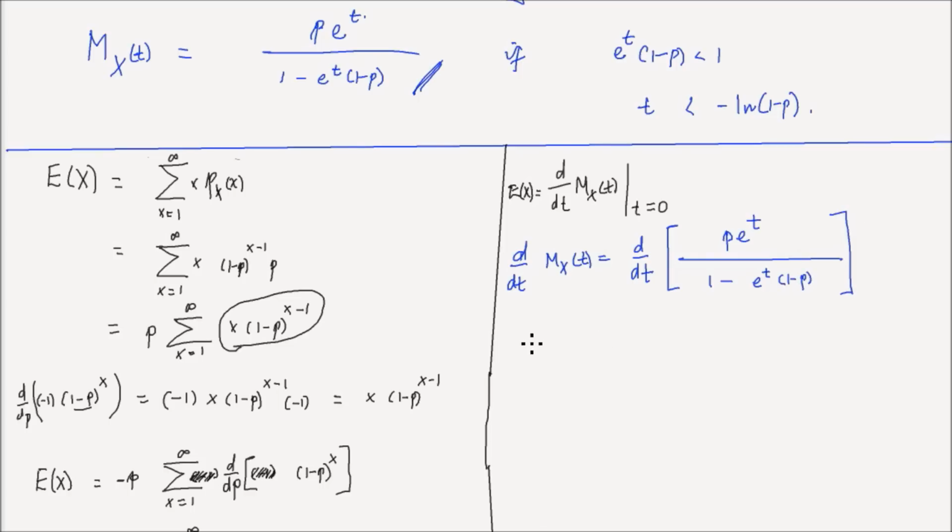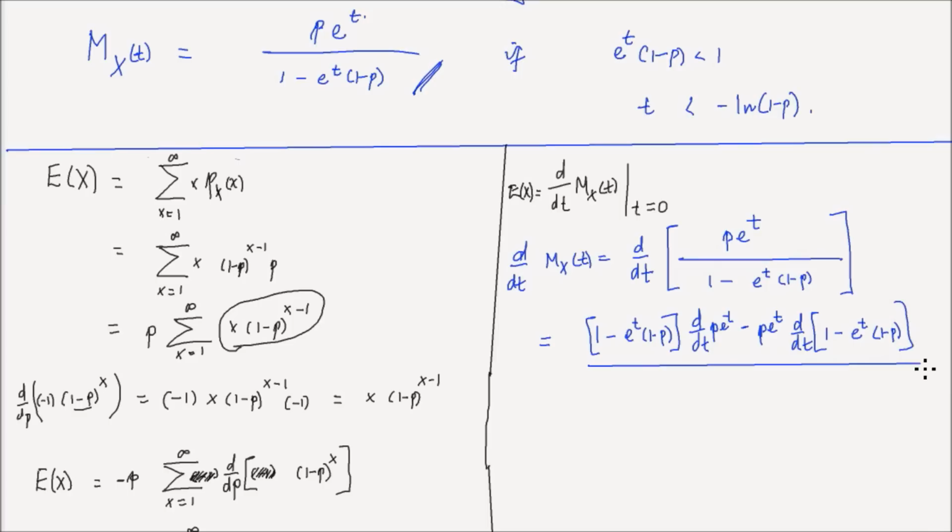I can use the quotient rule, which tells me to take the derivative of this ratio, I need to multiply the denominator, 1 minus e to the t times 1 minus p, by the derivative of the numerator, d by dt, of p times e to the t, minus the numerator, p times e to the t, multiplied by the derivative of the denominator, 1 minus e to the t times 1 minus p, the whole thing divided by the square of 1 minus e to the t times 1 minus p.